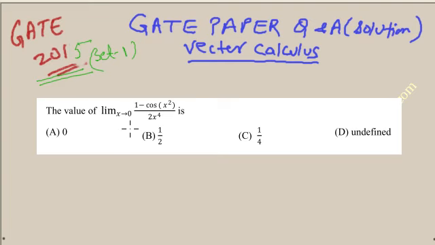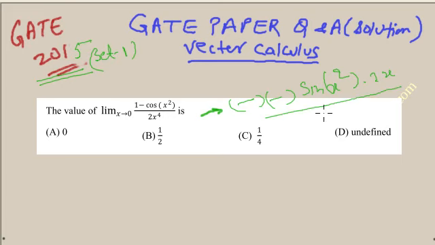To find the limit value using L'Hospital's rule, you differentiate the numerator and denominator. If you differentiate, you will get minus sin x square into 2x, divided by 8x cube, the differentiation of the denominator.